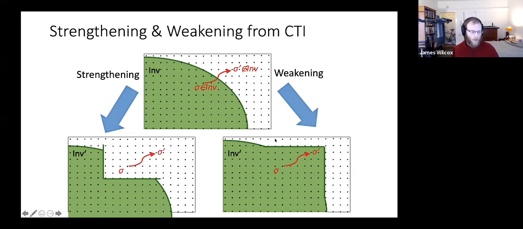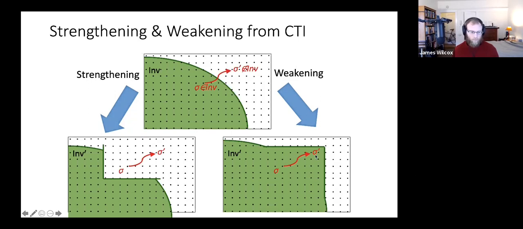Okay, if at some point you actually over-strengthened and you had accidentally ruled out a reachable state, then you would need to weaken. And what that would look like pictorially is to move the cut to the right, again with the same kind of ending effect, which is that the edge doesn't cross, but for two different reasons, right? In this case, it doesn't cross because it starts outside, and in this case, it doesn't cross because it ends inside.